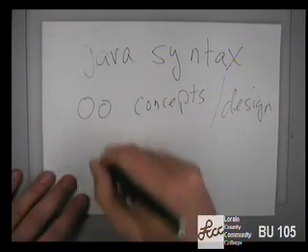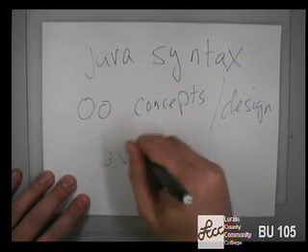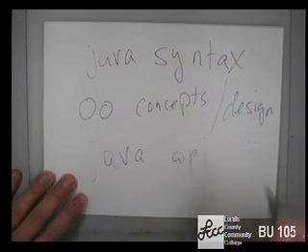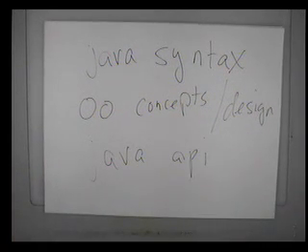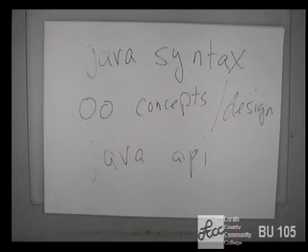And the last concept is the Java API. In other words, the stuff that's already built into Java that you can use. For example, the ArrayList. We looked at Java documentation, and you need to become adept at reading that and finding the things that you want to do. Because nothing is worse than reinventing the wheel, as they say.